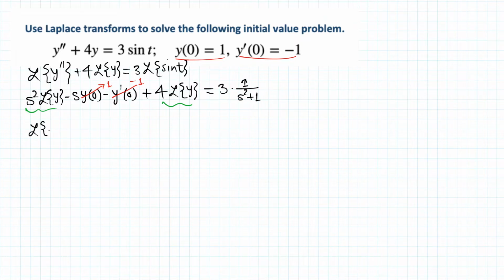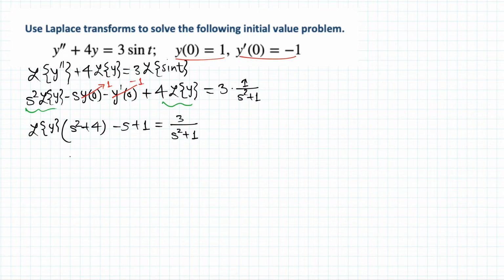So Laplace of y, that leaves s squared plus 4. And these are other terms without Laplace of y. So negative s minus negative 1 is plus 1 equals 3 over s squared plus 1.